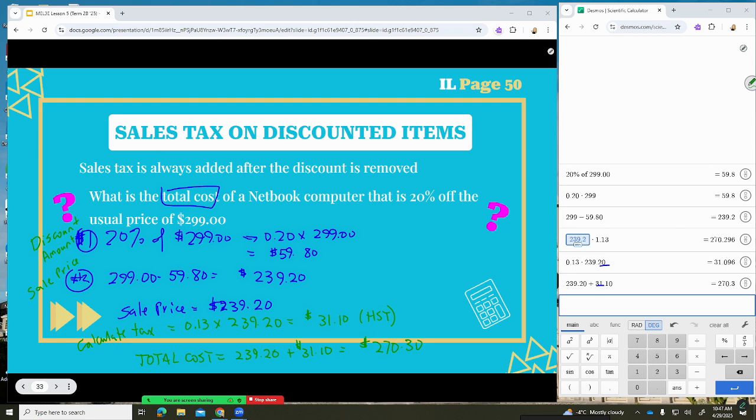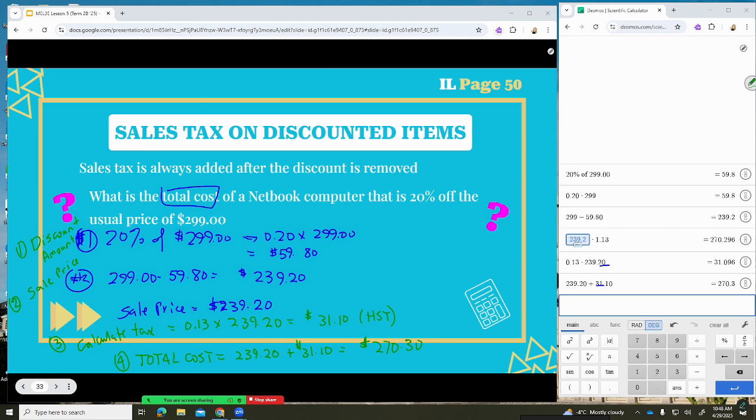We're showing each step. 1, discount amount. 2, sale price. 3, amount of tax. And 4, total cost. When you are completing your key question on page 57, specifically question number 5, calculate the HST on each item. That is just separating to find the tax and then the total.